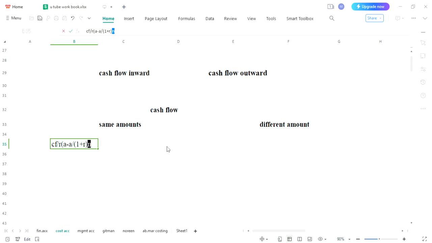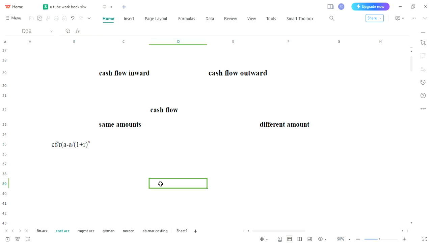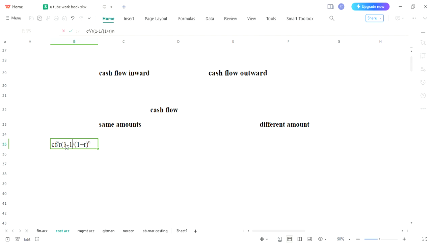Instead of writing them as they are, we should write it as it should be shown in your formula. So this is your formula: 1 minus 1 over 1 plus r raised to power n. This is the formula when amounts are the same. Kindly note it and you will be using it.